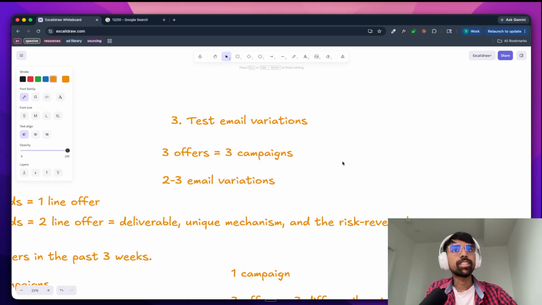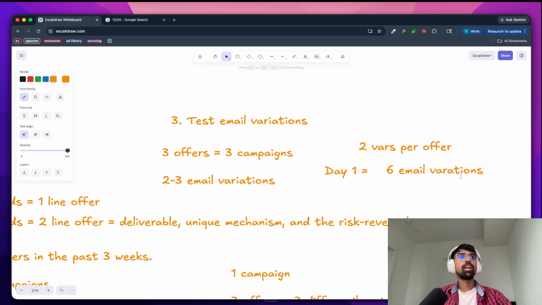So if you start running on day one with 3 into 3, which is 9 email variations, or let's say you're only testing 2 variations per offer, so you're testing about 6 email variations.